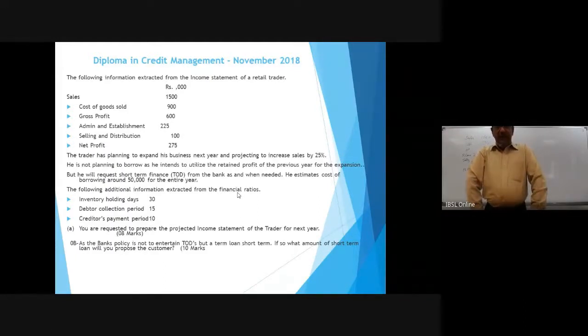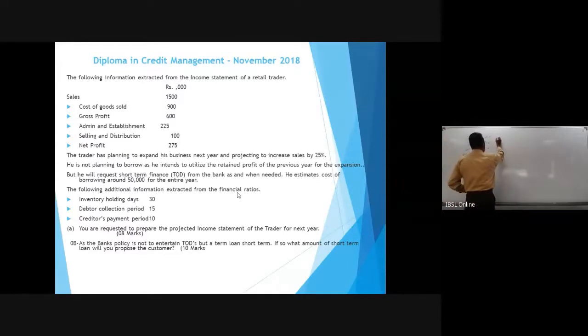The trader is planning to increase the sales by 25%. So sales will be increased by 25% next year. That's a projected figure. How much is that figure? 1,500,000 into 1.25, that is 1,875. Right?